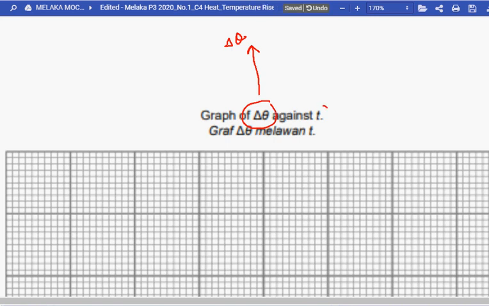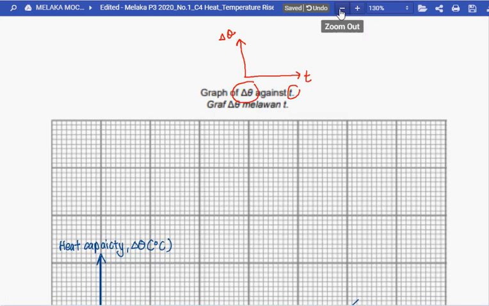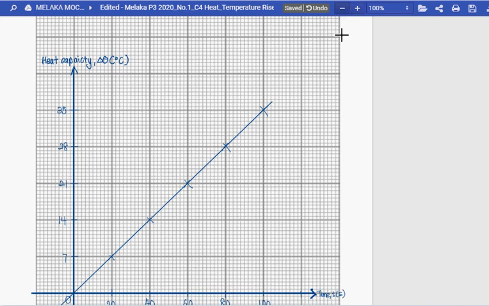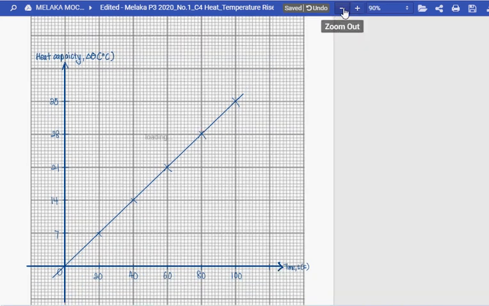And the second variable mentioned after 'against' should be the horizontal axis. So it means that t should be on your horizontal axis. Now I zoom up. Okay, we see how the graph is.